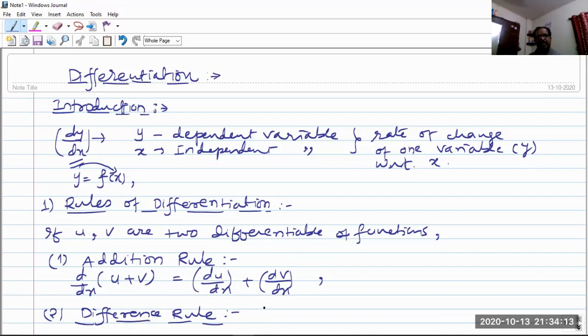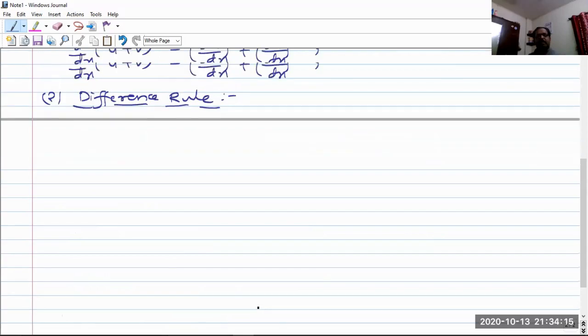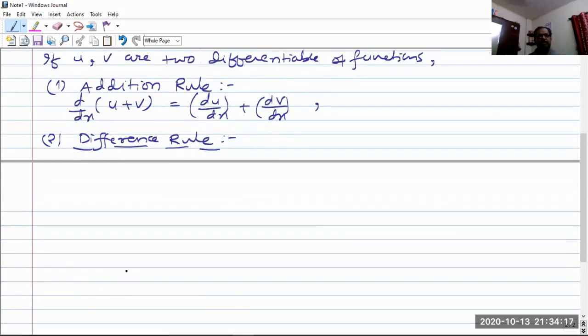As we have seen the addition rule, the same is the case for the difference rule. In the difference rule, again, it is the derivative of the difference of two functions of x. So obviously, it is the difference of their derivatives, that is du by dx minus dv by dx. It's so simple.